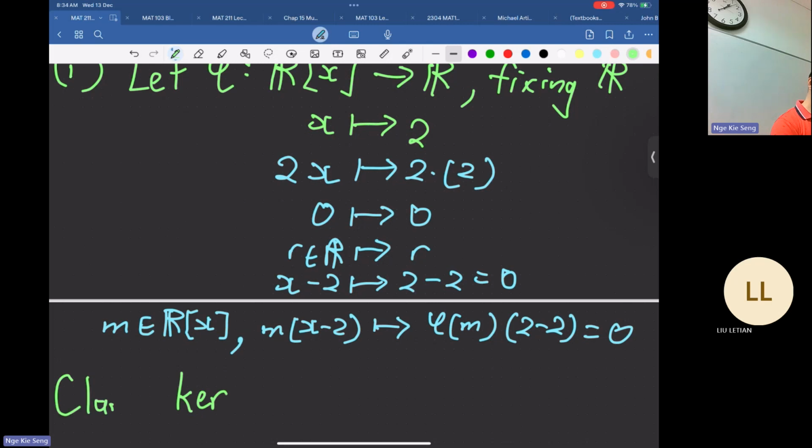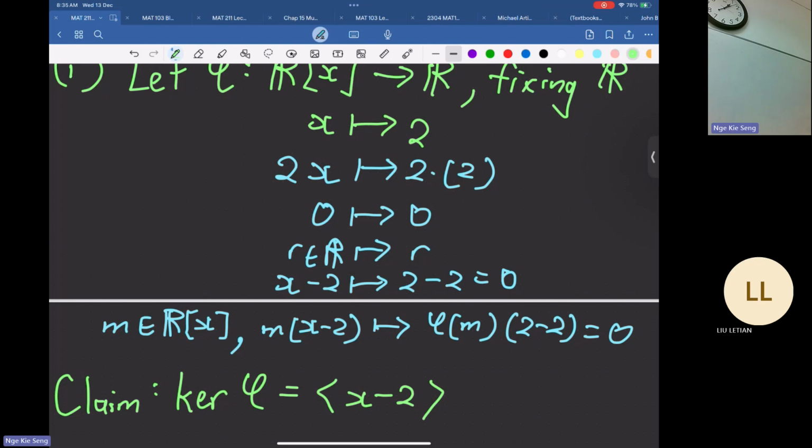So my claim is that the kernel of phi is generated by the polynomial x minus 2. What is this? This is the principal ideal generated by x minus 2. So what's in here? All the multiples of x minus 2.